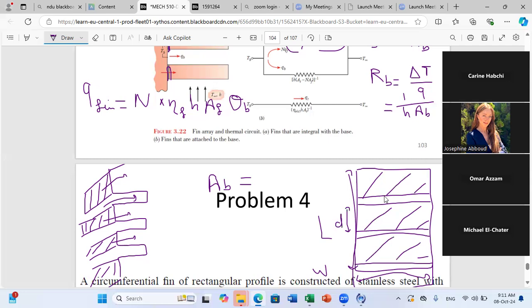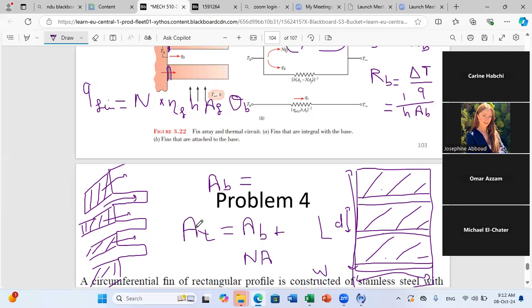So you consider the number of areas that you have, you multiply by D times W. This is a first method. A second method is to say the following. I know the total area of exchange, A total, which consists of the uncovered area, AB, plus the number of fins times the frontal area of a fin.